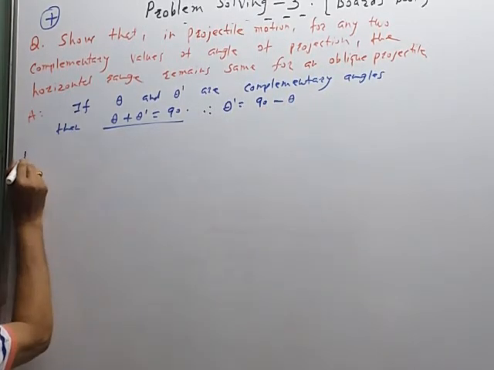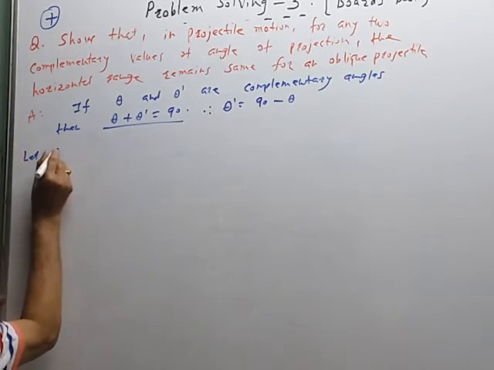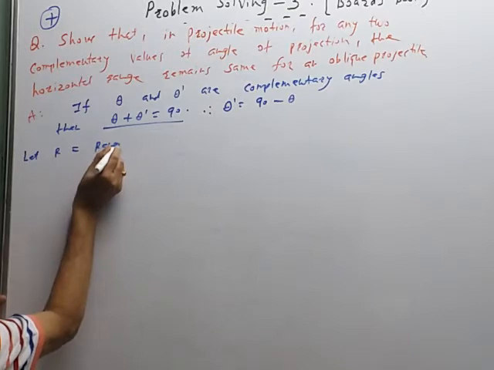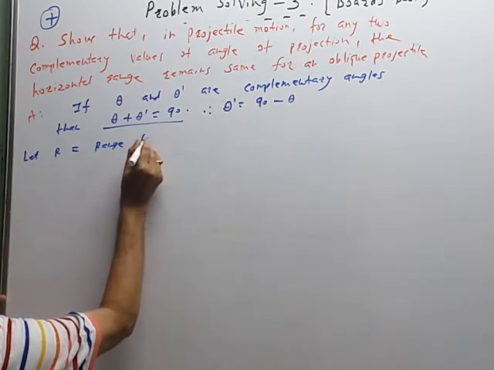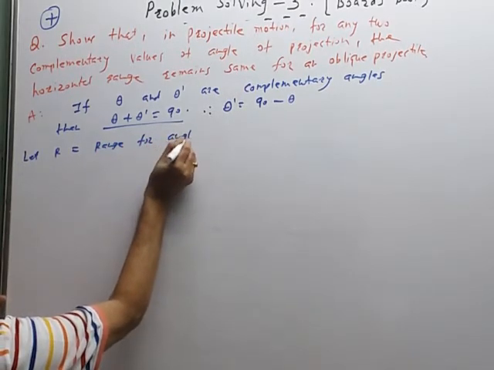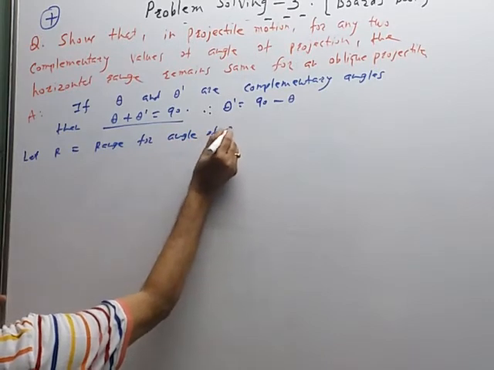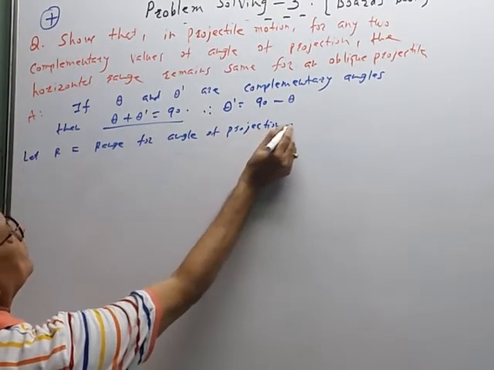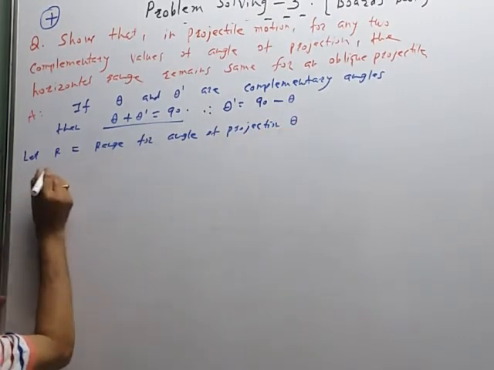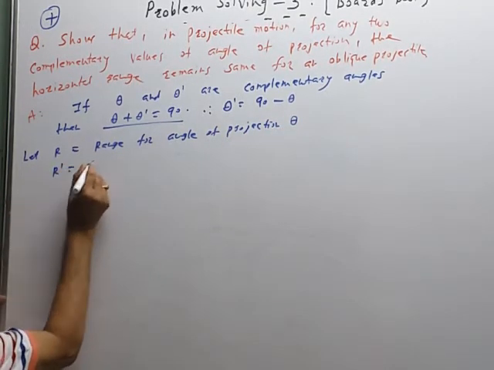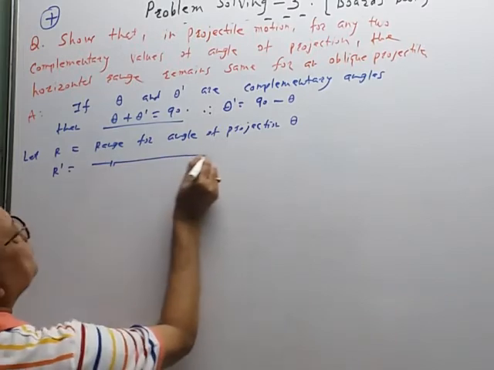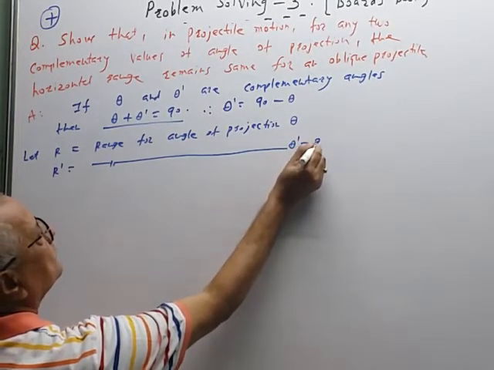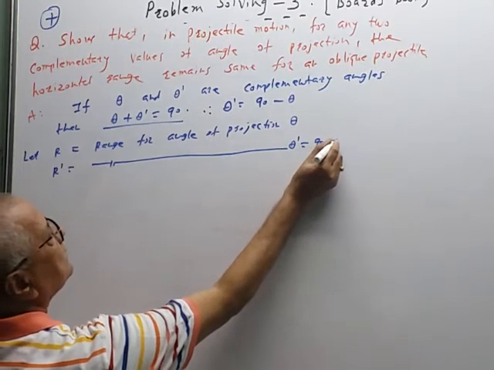So let R be the range for angle of projection theta, and R dash be the range for angle of projection theta dash, which is equal to 90 minus theta.